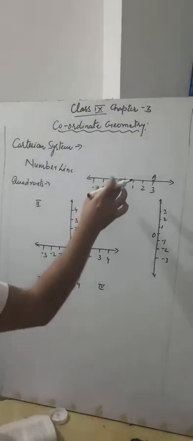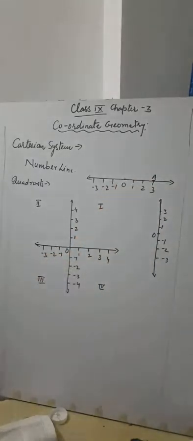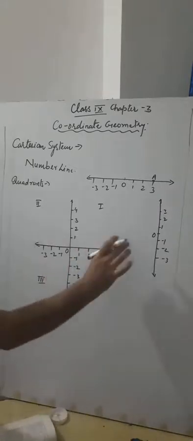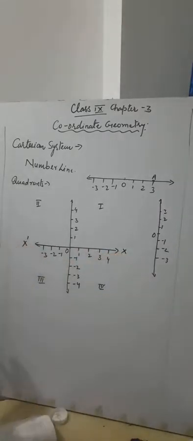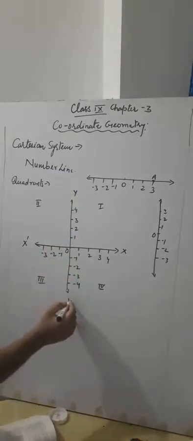So this number line is horizontal and this number line is vertical. The horizontal number line is represented as x, x dash, and the vertical number line is represented as y, y dash.